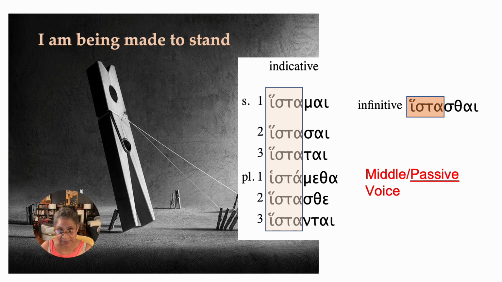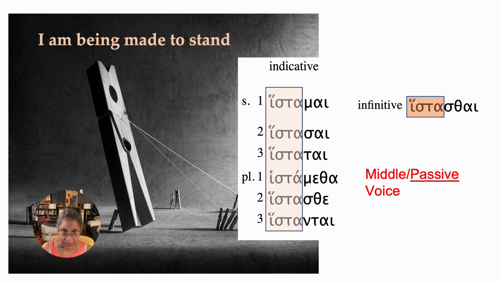I'm being made to stand. Okay, and notice the thing that's really important is that it's a process. I am being made to stand. They're making me stand up. Another way you could say, he or she is making me stand up. I'm being made to stand.